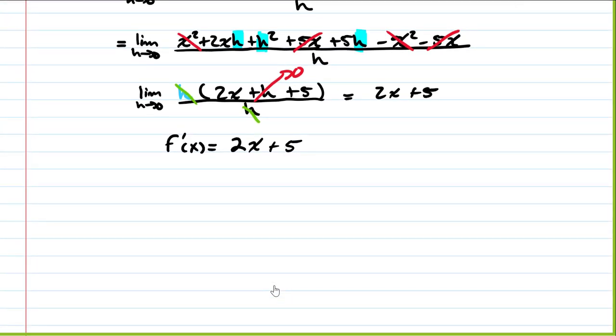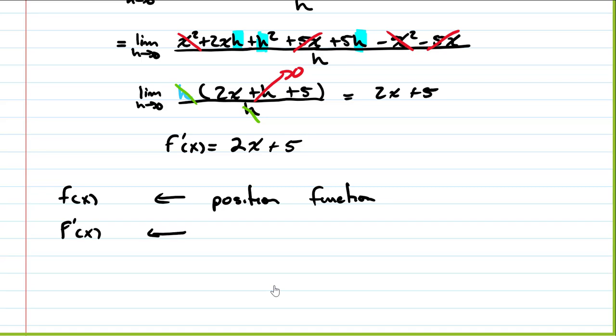So in terms of physics, if f of x represents our position function, then f prime of x represents the velocity function. F double prime would be the rate of change of velocity.